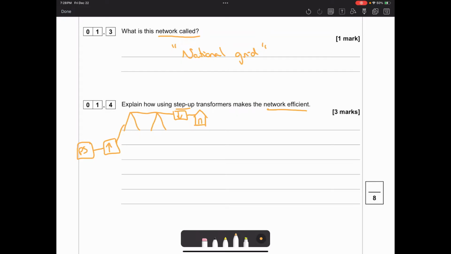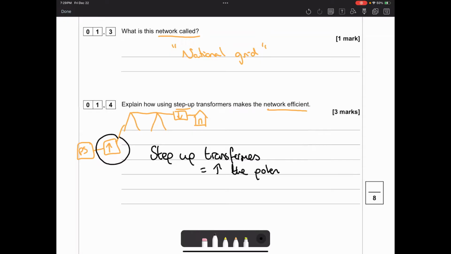Okay, so that's the rough cycle of the national grid. But why do we use step-up transformers in the national grid? Well, step-up transformers, what do they actually do? They increase the potential difference in the circuit.